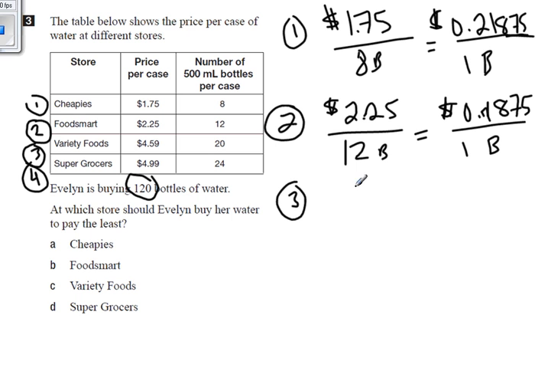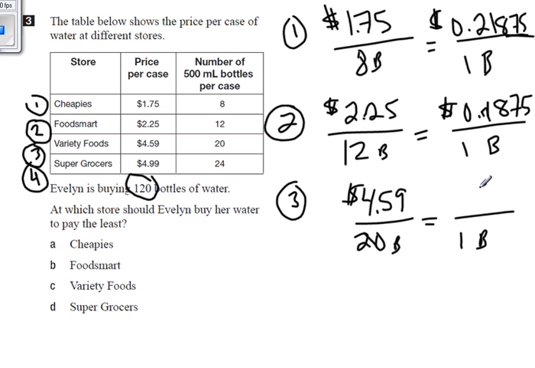The third store, $4.59 for 20 bottles. So for one bottle, when I do division, I'm going to get almost 23 cents per bottle. So 0.2295, so almost 23 cents.